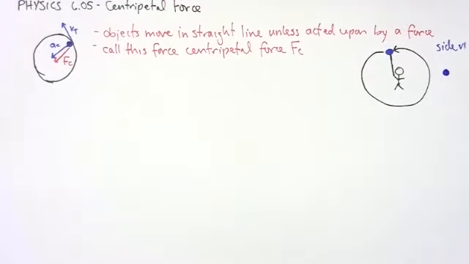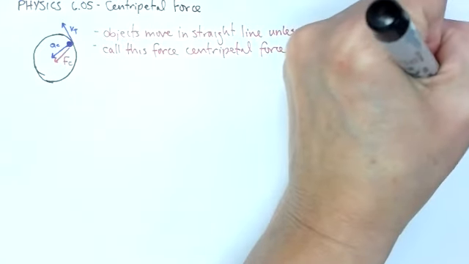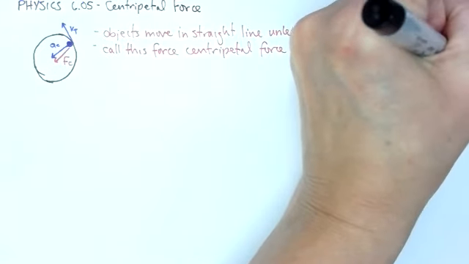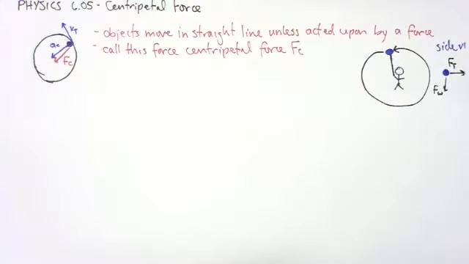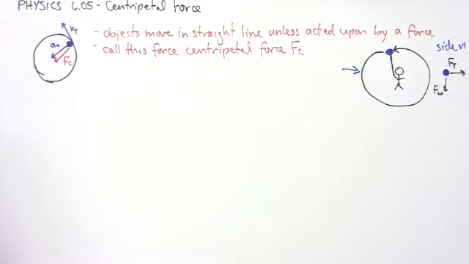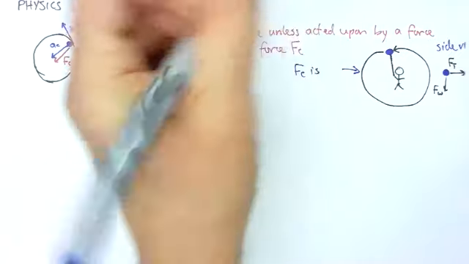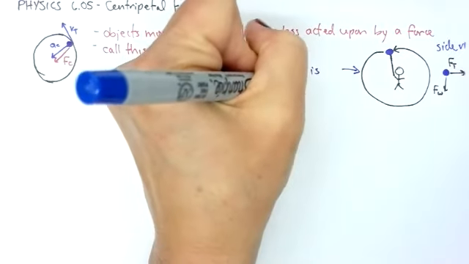You would have said, well, I've got gravity pulling down, so this is F sub W. I've got tension pulling in on the string. Well, it turns out that in this scenario, the centripetal force is supplied by tension.